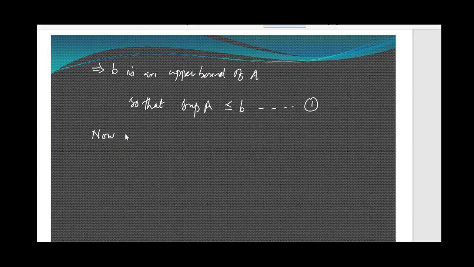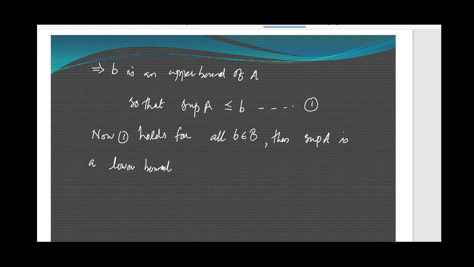Now 1 holds for all b belongs to B. Then supremum of A is a lower bound for B. Am I right?